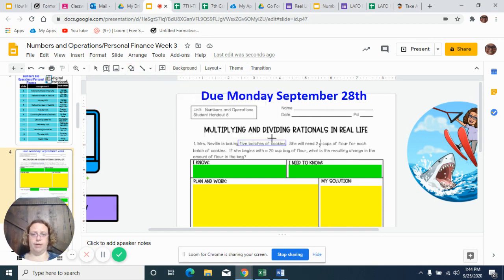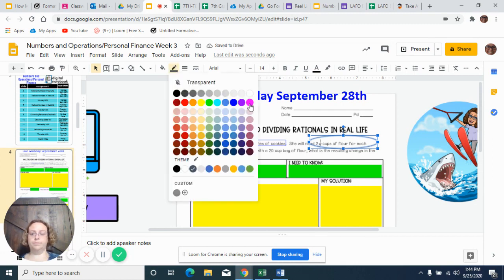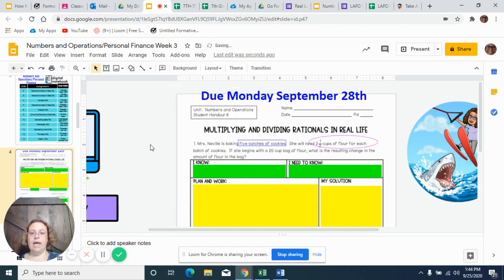Alright, I'm going to change up my shape. She will need 2½ cups of flour for each batch. And then it tells us that she begins with a 20 cup bag of flour.